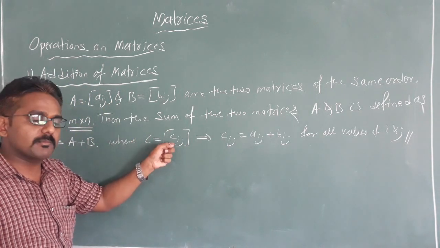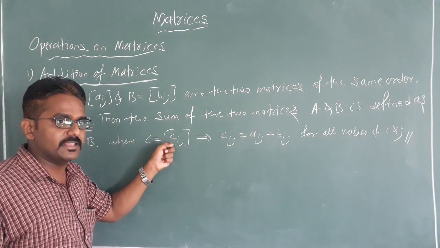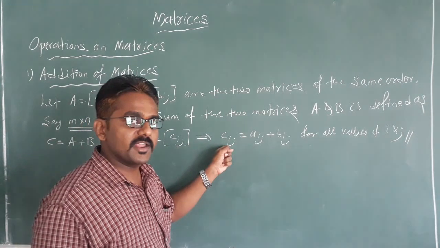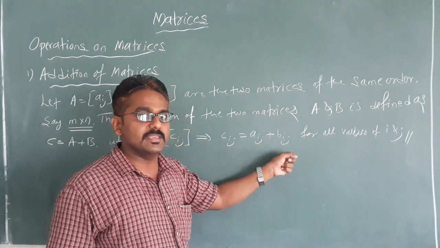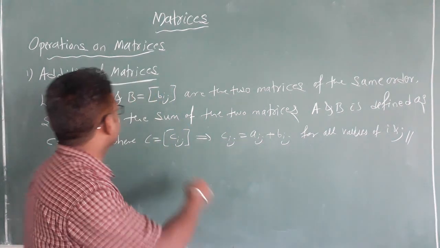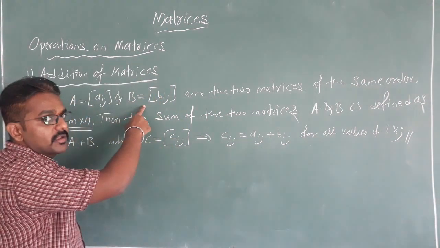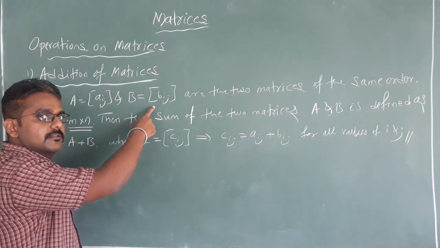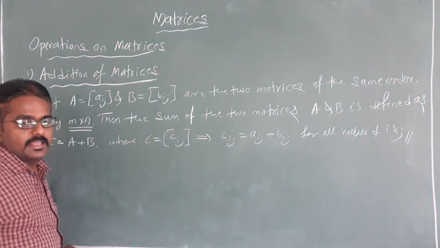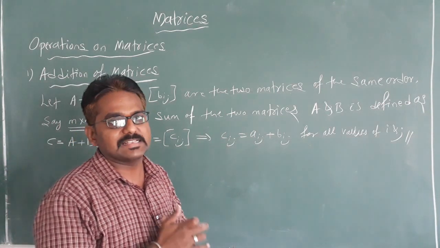So what is the form of the element in C? That is Cij. How is it obtained? Cij equals Aij plus Bij. First A11 plus B11, A12 plus B12. Got the point? This is the addition of the two matrices.